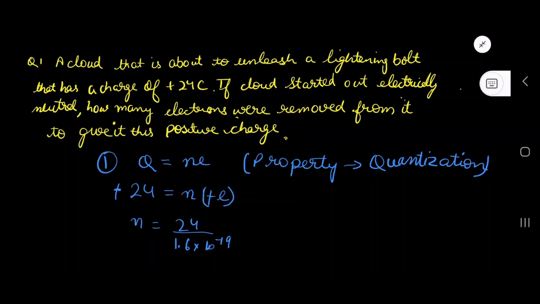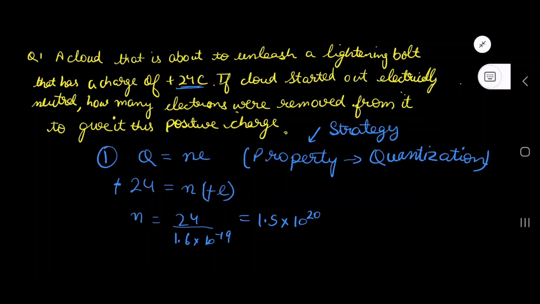On solving we get the answer 1.5 into 10 raised to power 20. So this is the number of electrons removed to have the charge of plus 24 coulomb on the cloud. This was the strategy, or concept, for solving the question.